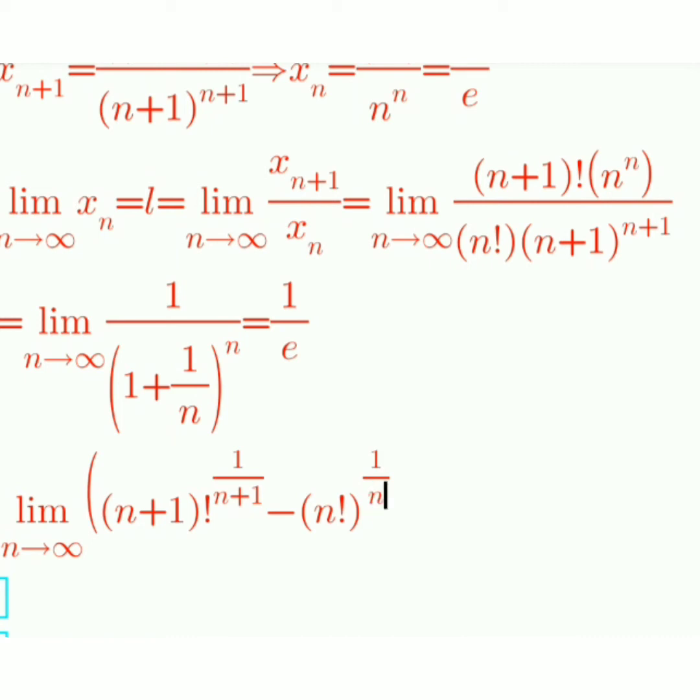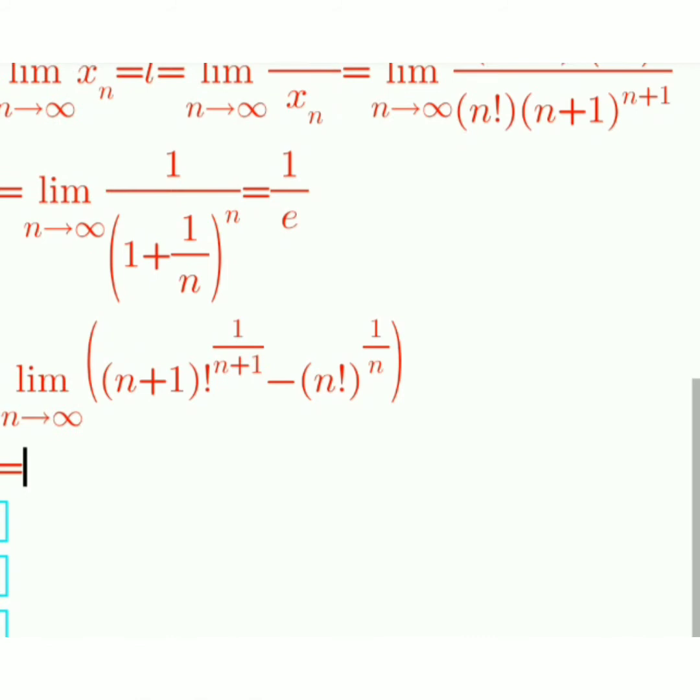n, 1 by n, and after that you will go in here, then whatever you see, limit n tends to infinity, and whatever you will get in here, n factorial whole to the power 1 by n. I just take common.